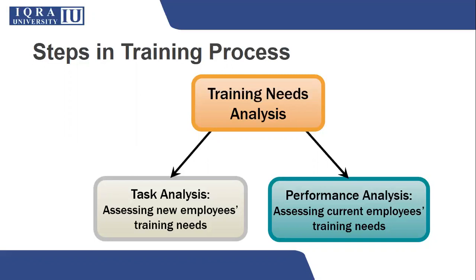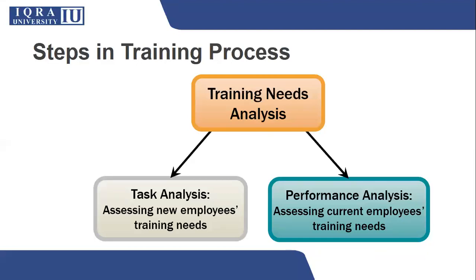The main task in analyzing new employees' needs is to determine what the job entails and to break it down into subtasks, each of which you then teach to the new employees. Analyzing current employees' training needs is more complex because you must also decide whether training is the solution.